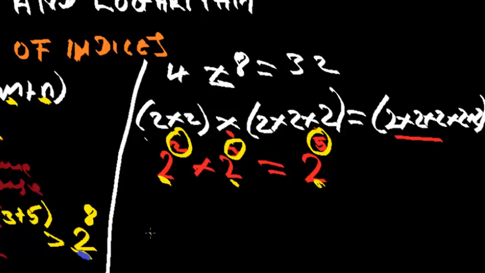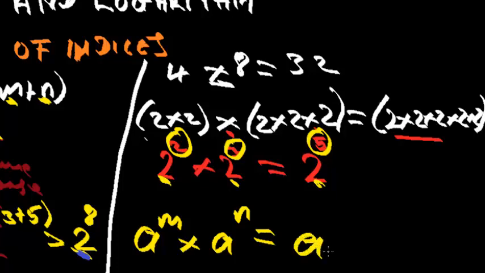So that is why we are saying that if you have a^m times a^n, then, once the bases are the same, your answer is a, then add the exponents. So you have m plus n. And this is the first law of indices.